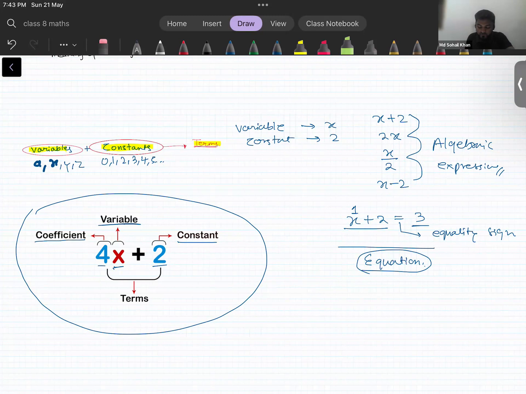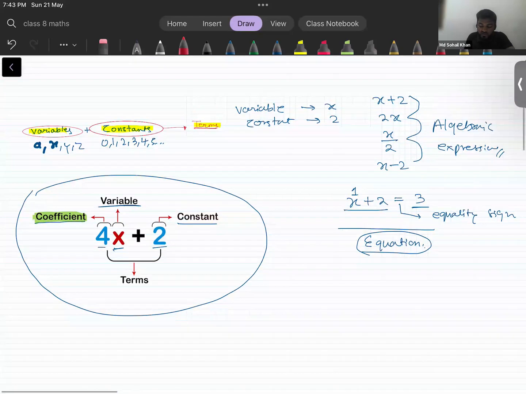Ahmed, remember this term coefficient. For the present exercises, you might not need to know about coefficient, but for higher exercises, you must know about this. The constant attached with the variable is called coefficient.